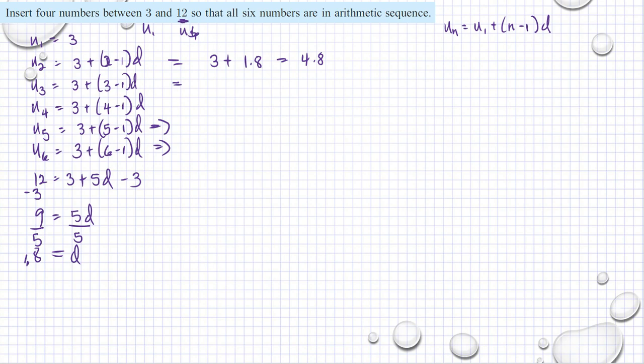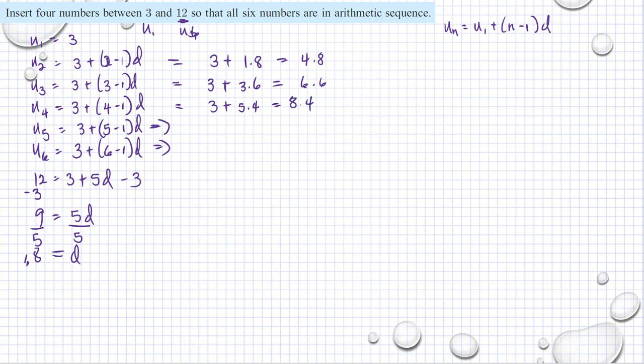Our u sub 3, we have 3 plus 3.6. That is twice 1.8. Then we have 6.6. And then u sub 4, we have 3 plus 5.4. And we have 8.4.